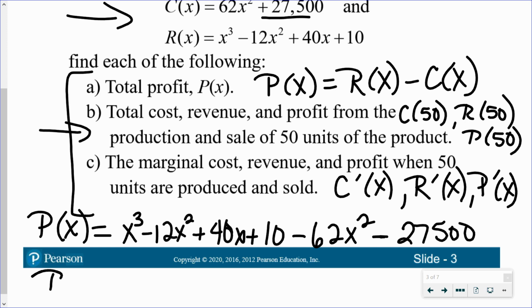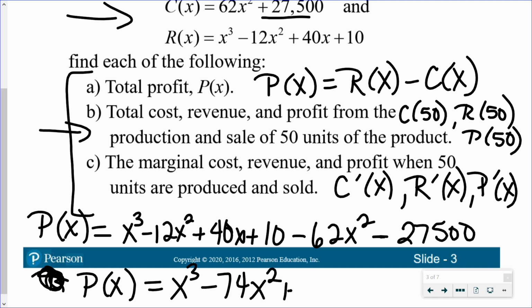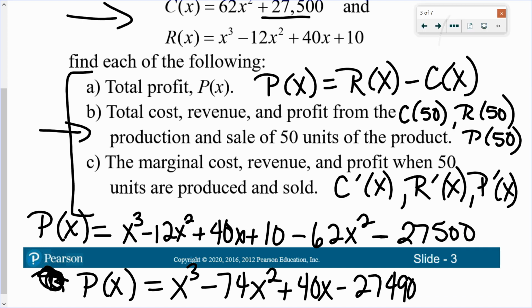So P of X is going to be X cubed minus 74X squared plus 40X minus 27,490. Okay, so there's our profit function.